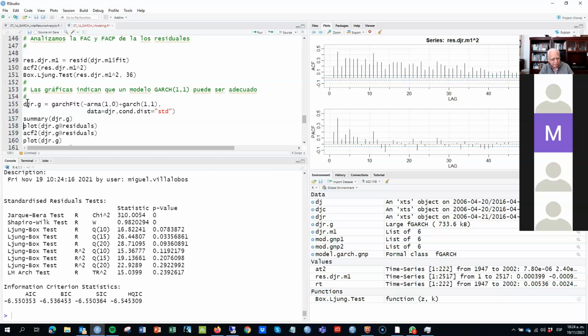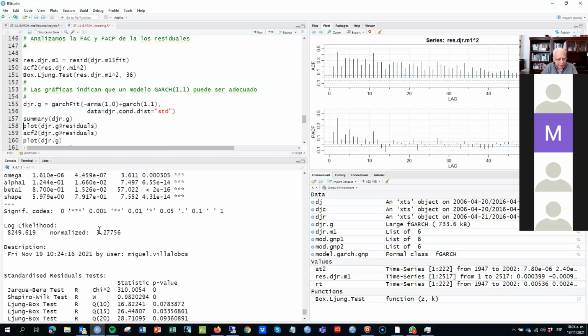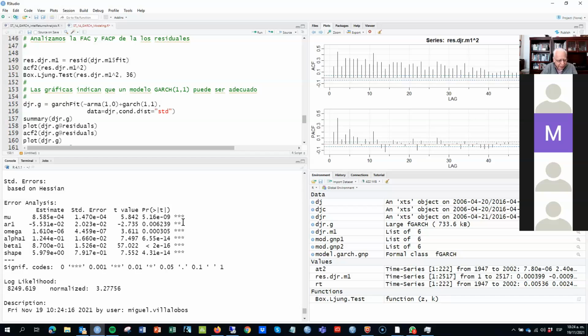We look at the summary. Now the parameters are all significant. Okay. Now the mean, which was not significant when we just fitted the ARMA model, is now significant. That's actually final. The AR1 term, and then this is alpha 0. Let me write it down here.